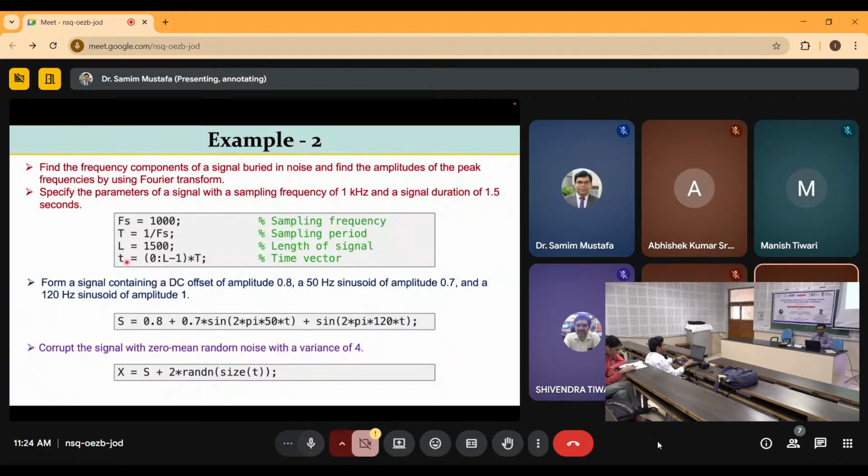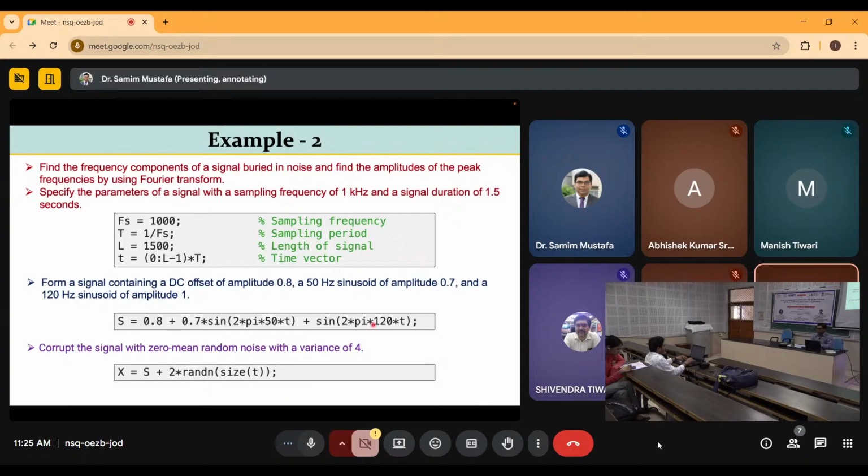Then form a signal containing a DC offset of amplitude 0.8, a sinusoidal of amplitude 0.7 with a frequency of 50 Hz, and another sinusoidal with a frequency of 120 Hz and amplitude of 1. Okay, so how to write this? S is equal to 0.8 because it is DC offset, plus amplitude 0.7 and then sine function 2 pi 50t, plus another sine function, 2 multiplied by 2 pi 60t.